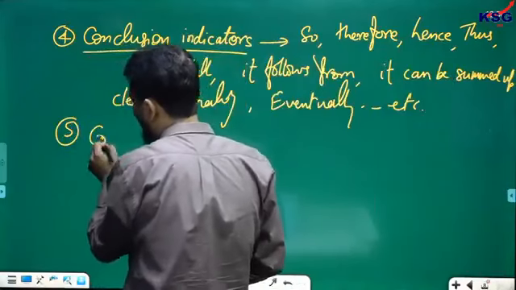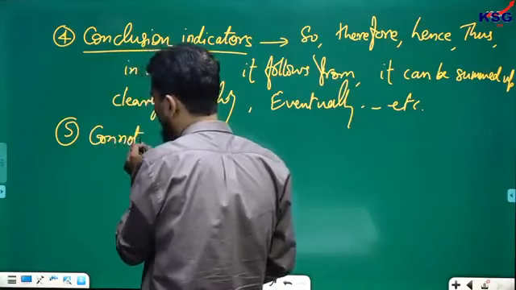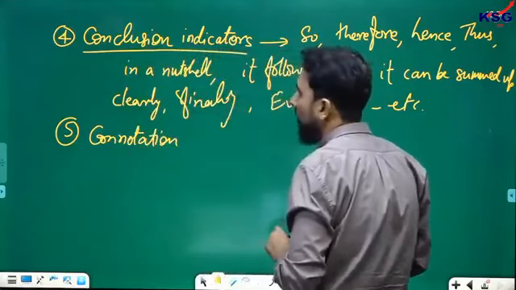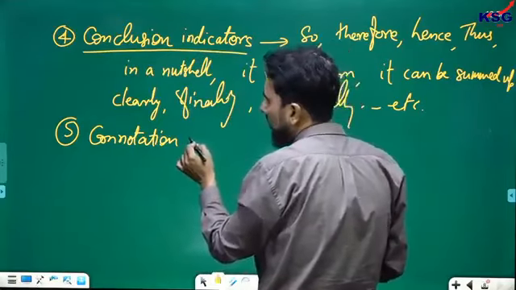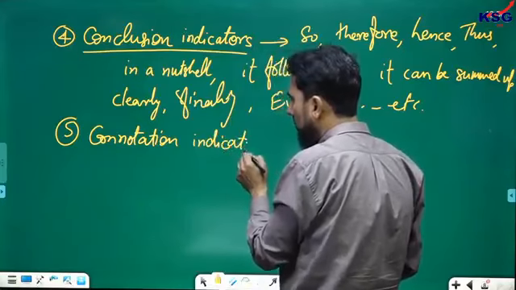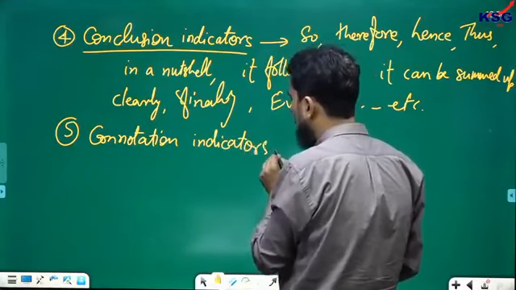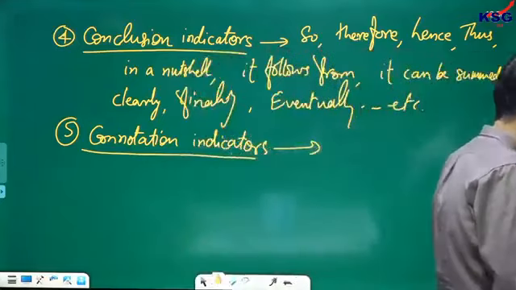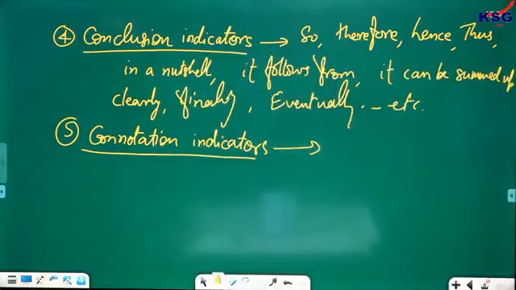Number 5, there are some connotation indicators, very important for all reading comprehension students. So first of all, you must know what connotation is. You know, words have a literal meaning, a dictionary meaning.